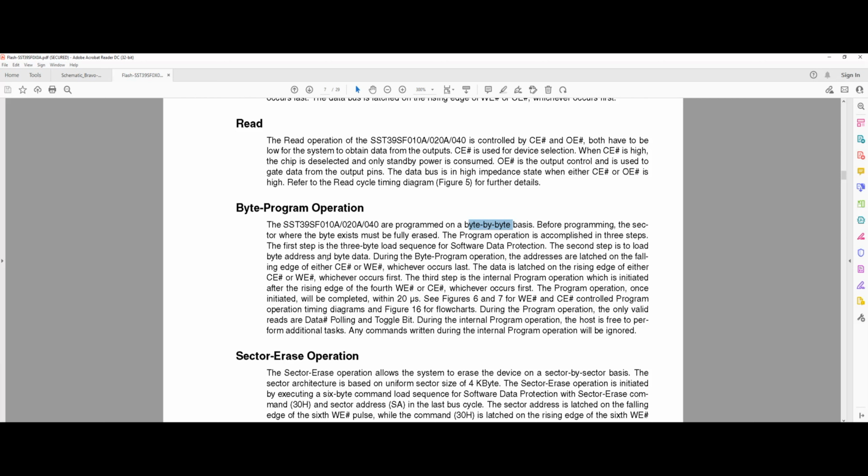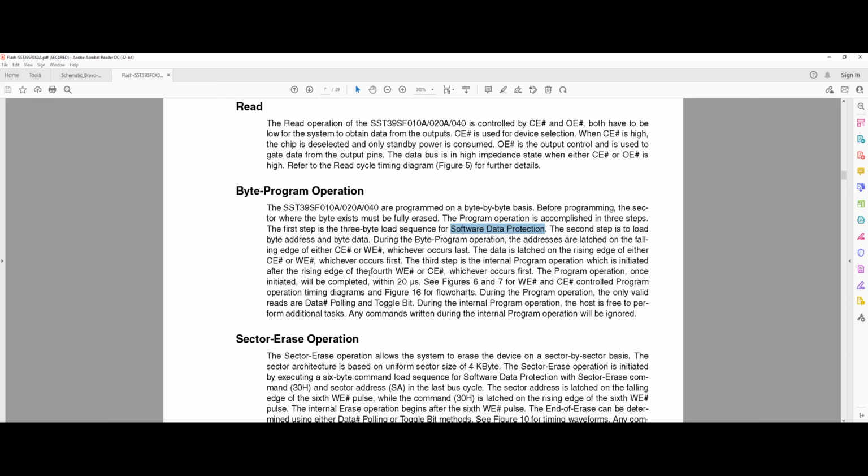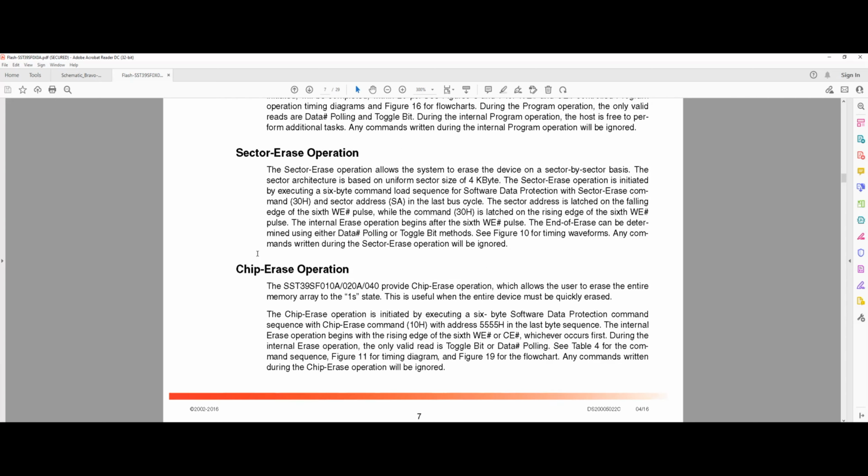The first step is the 3-byte load sequence for software data protection, which refers to SDP, the software data protection mechanism, which protects the chip from random writes. Essentially, as I said, you need to follow a specific procedure to write to those chips before being able to write to them. And of course, it talks about the different steps that are involved, but we're going to look at that shortly.